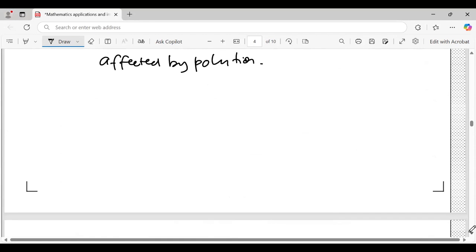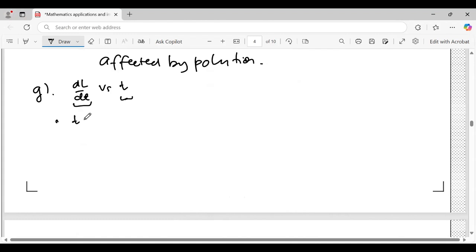So we are plotting dL/dt against t. There are two axes, the dL/dt axis and the t axis.